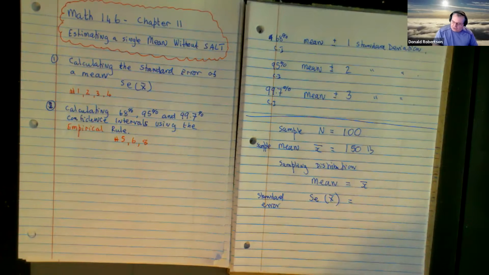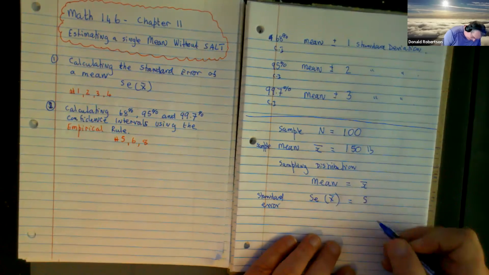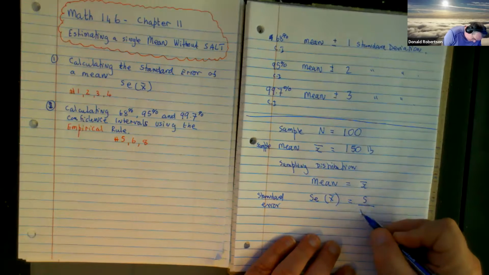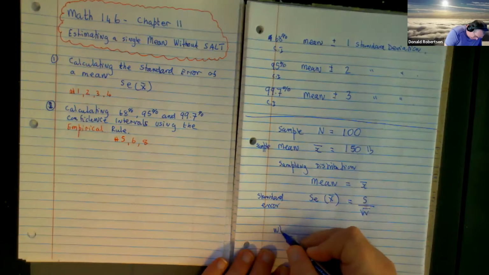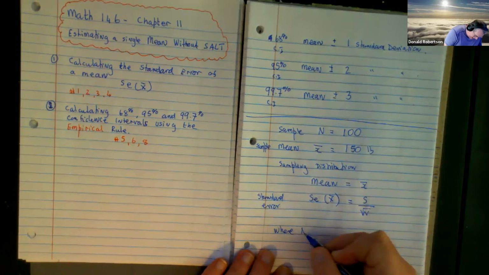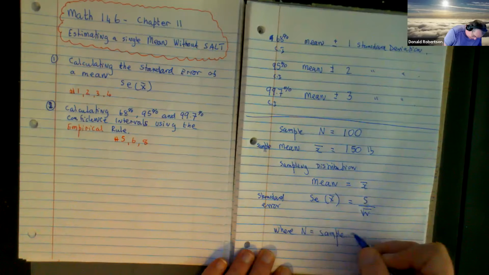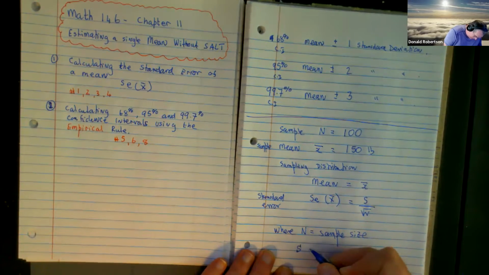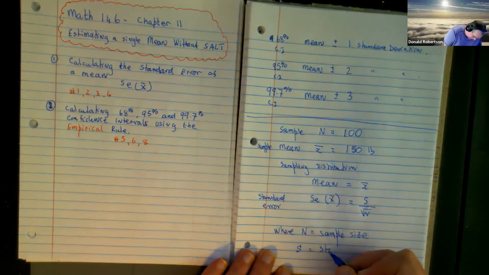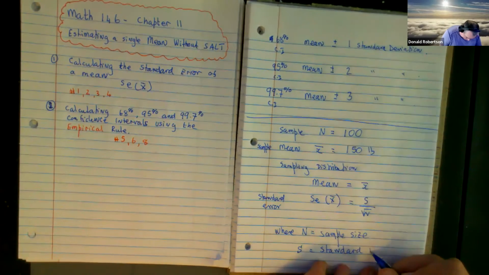It's not got the square root of p and 1 minus p and all that stuff. It's a different formula. It's little s divided by the square root of n, where n is the sample size and little s is the standard deviation of the sample.